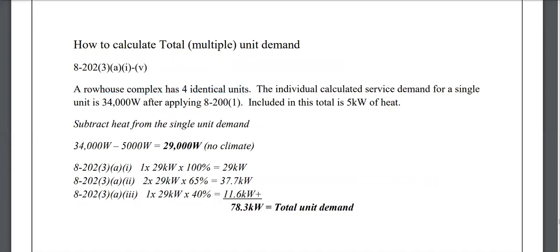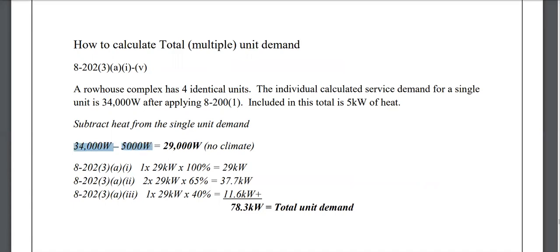The individual calculated service demand for a single unit in this complex is 34,000 watts after applying 8200 subrule 1. Included in this total is 5,000 watts of heat. So each one of the row house complex units has 5,000 watts of heat. We subtract the heat from the single unit demand right here.